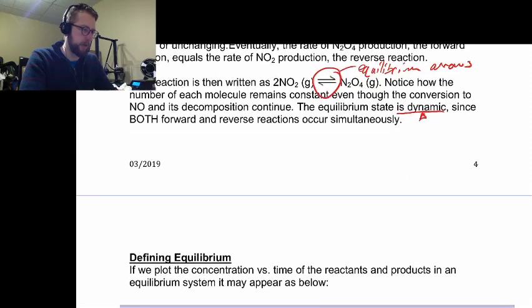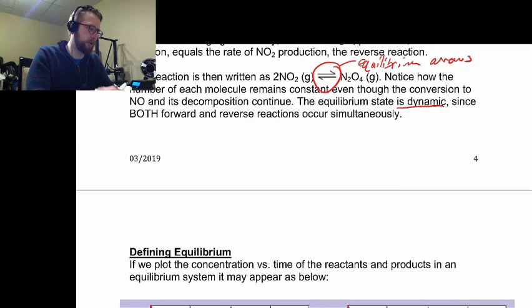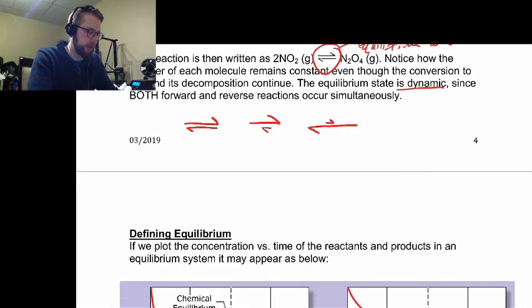Now the equilibrium arrows come in a couple of varieties. There are equilibrium arrows that are even, like so. You might also have the arrows where the top one is a little bit bigger, or the arrows where the top one is small and the bottom one is bigger. This one simply means that when the rates are equal, both the products and reactants are equally favored.